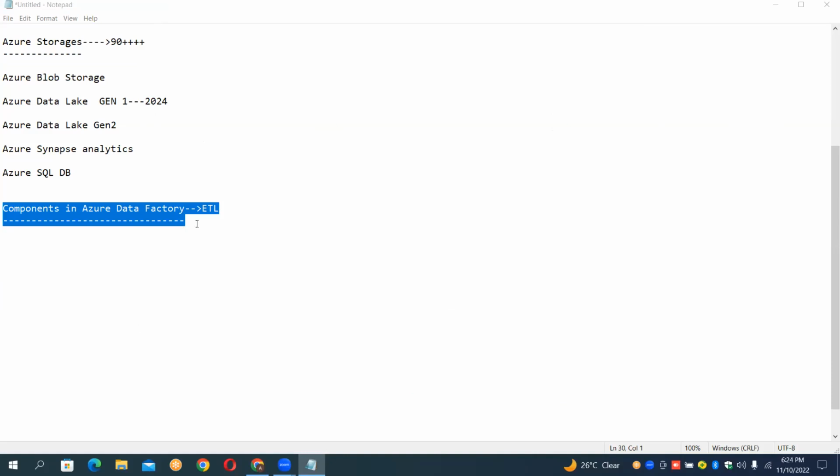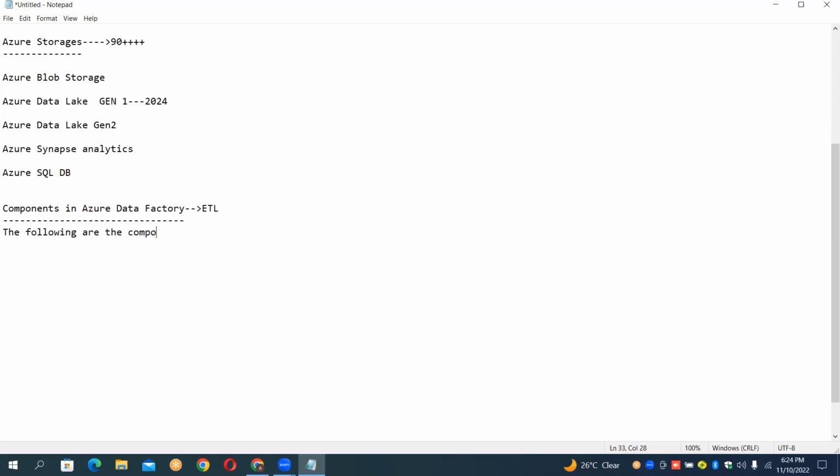Okay, guys, so now let us start with the Azure Data Factory components. The following are the components required in ADF.